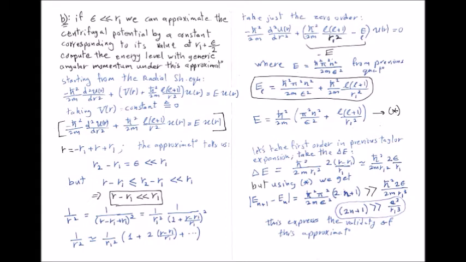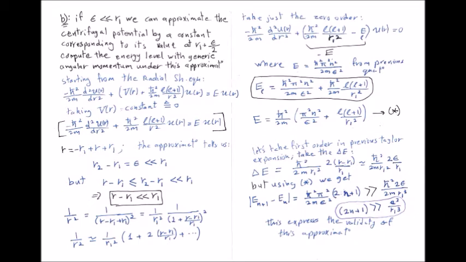I know that psi is equal to r2 minus r1, but r2 minus r1 is the limit value of r minus r1. So r minus r1 is always smaller than or equal to r2 minus r1. But r2 minus r1 is equal to psi, and psi is very small compared to r1. So I can finally find this inequality in the black box: r minus r1 is far smaller than r1.